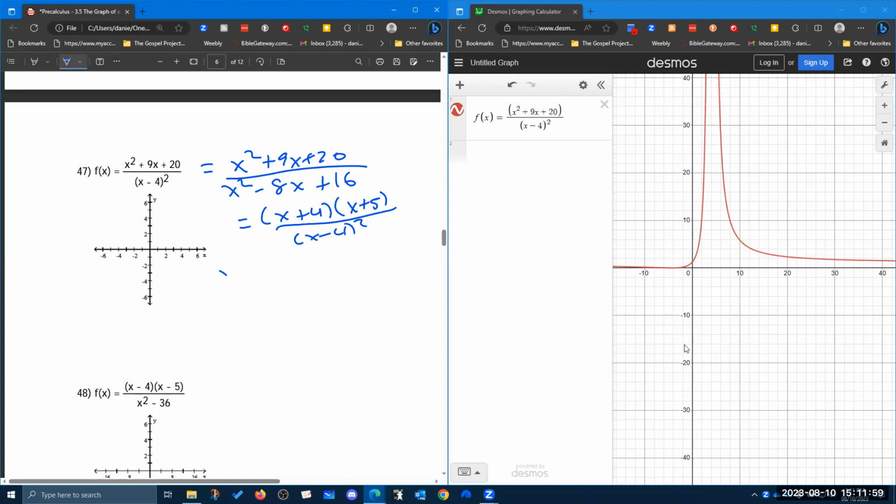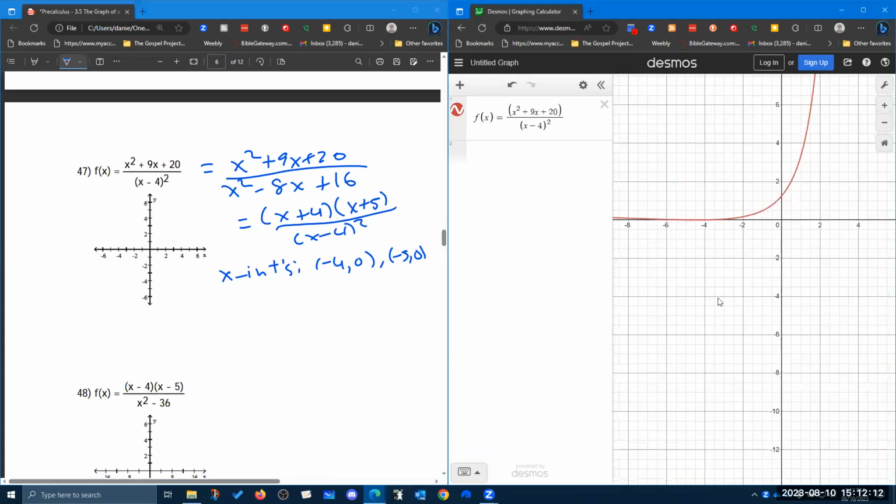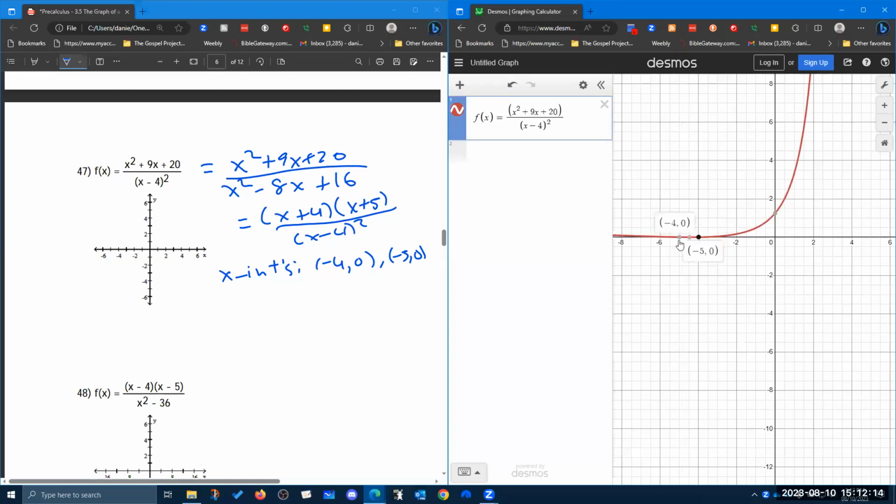My x-intercepts are at (-4, 0) and (-5, 0). They're right here and right there. There's this other low point where it's going to turn.